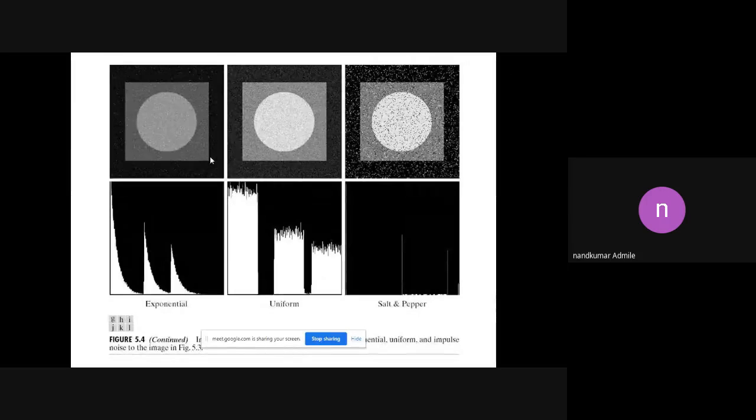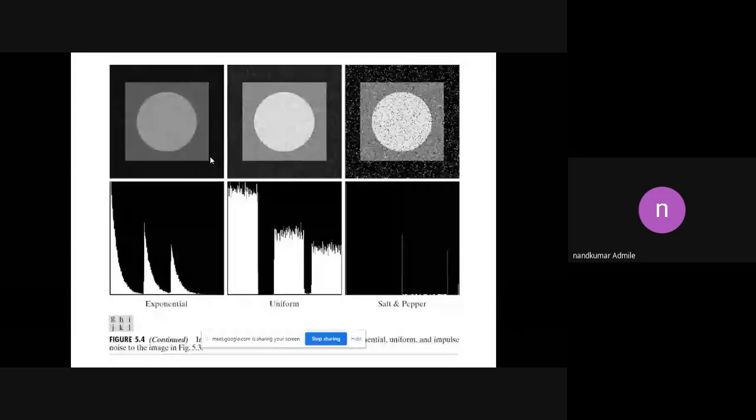Okay, so after that, we have to remove such types of noises. If the noise is present in the image, the quality of the image can be degraded. By using the degradation model, we can remove such types of noises. It might be Gaussian noise, gamma, salt and pepper noise, or uniform noise.